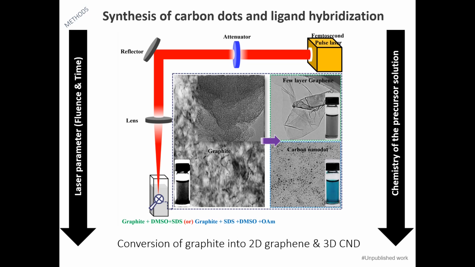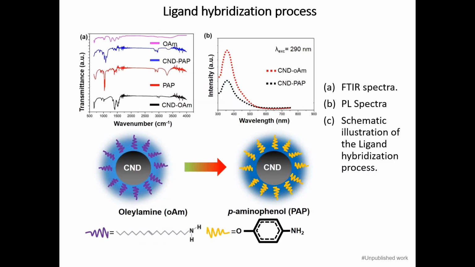So this is another example. After we synthesized, some of the material is not suitable for some applications, for example biological application. We need to make it biocompatible or change the dispersibility. Conventionally they use ultrasonic or chemical transformation or agitation or thermal heating, but it will also affect the material itself.